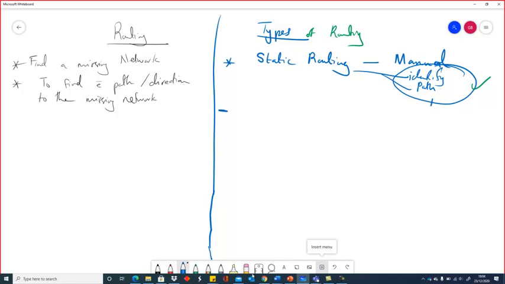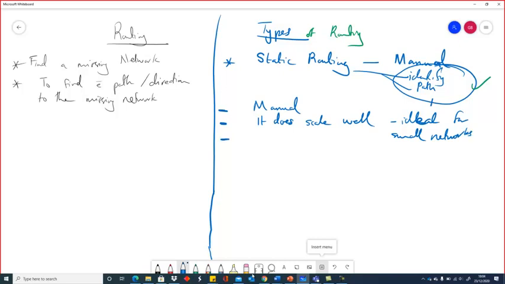Which means that it is manual, right? It also means that it cannot be used for large environments. It doesn't scale well because if you have a lot of networks, it will have a problem. So it's ideal for small networks.